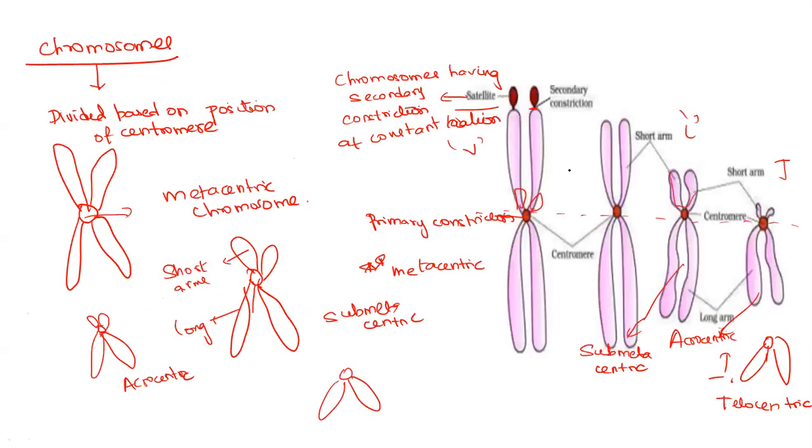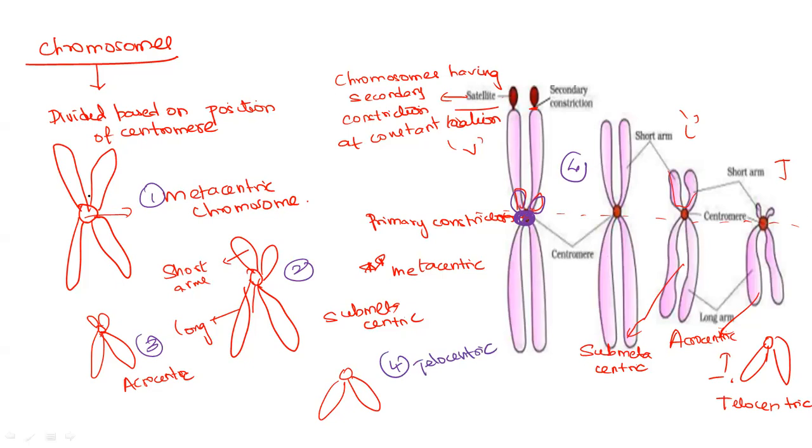Now, DNA is packed in the form of chromosomes, and each chromosome has a centromere and kinetochores. Based on the position of the centromeres, the chromosomes are divided into 4 types. One is metacentric chromosomes, then you have submetacentric chromosomes, acrocentric chromosomes, and telocentric chromosomes. All right.